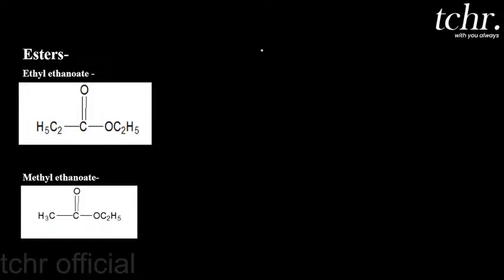Along with these functional groups, students, one more point I have to include, that is haloalkanes. This knowledge also you should have. So what are halogens? Halogens are group 17 elements: fluorine, chlorine, bromine, iodine.